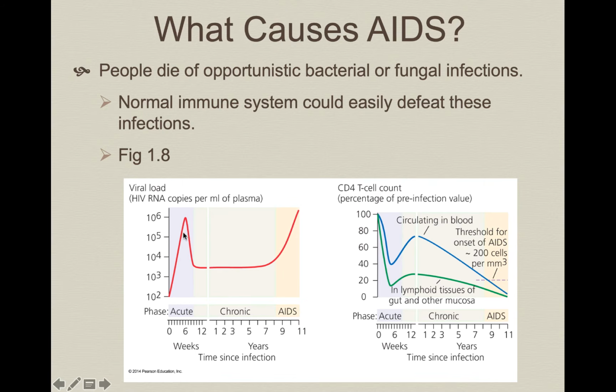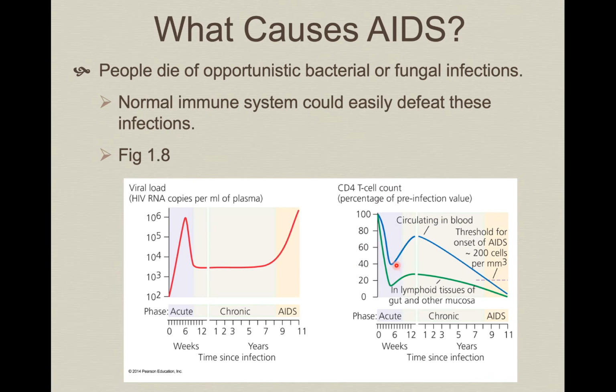So if you look at the life history of the virus in a typical patient, you see that there's an acute phase immediately after infection where the viral copies are at a very high rate and it is negatively impacting the immune system. So you see that as that is going up, the helper T cell count drops drastically because these cells are being killed by the virus. Then the viral load is actually decreasing for a bit, and it goes to a chronic phase in which it's a relatively low concentration in the blood supply.